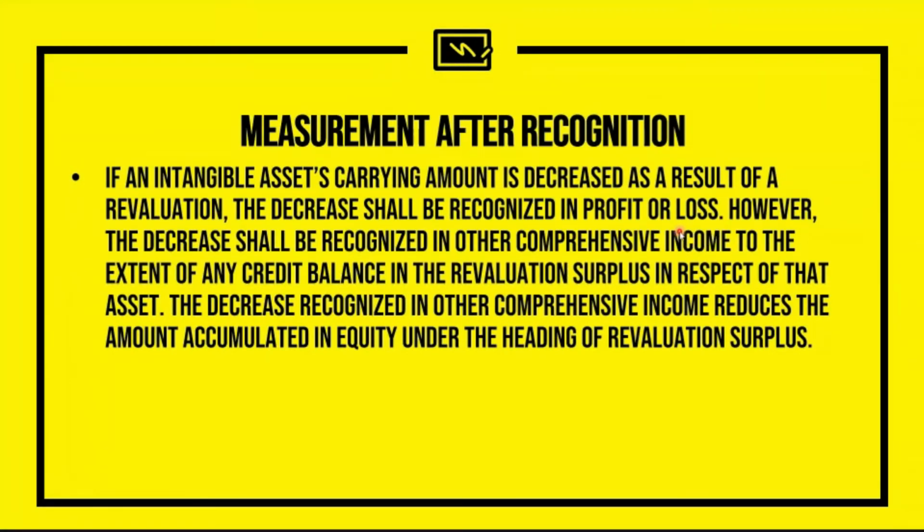But again, similar to what we learned under the revaluation model, before we recognize any amount in profit or loss as a loss on fair value change, we need to first determine whether there is still a balance in revaluation surplus. Because the said balance will first absorb the revaluation decrease, and then any amount that is not absorbed will now be recognized as impairment loss in our profit or loss. So that's basically how it works.